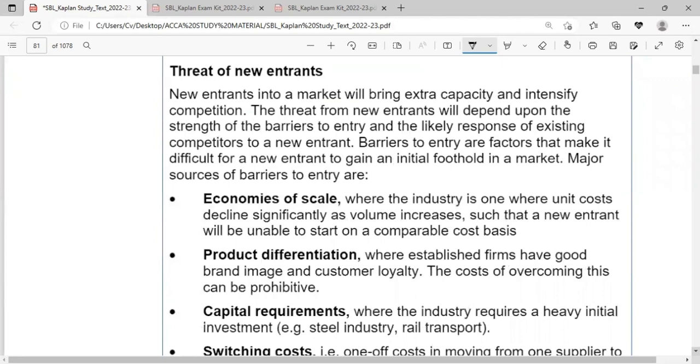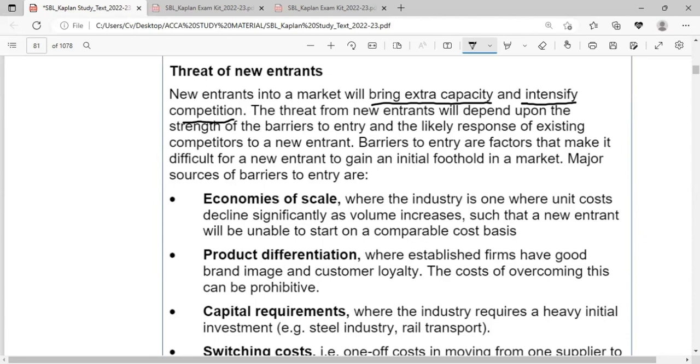Next one is threat from new entrants. There is always a threat from the new entrants, that new entrants can enter the market. New entrants can enter, and they will bring what? They will bring extra capacity. It will intensify the competition in the market.